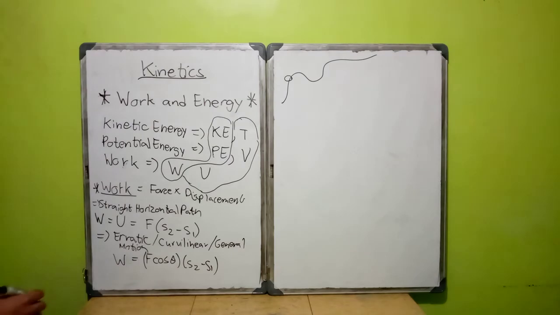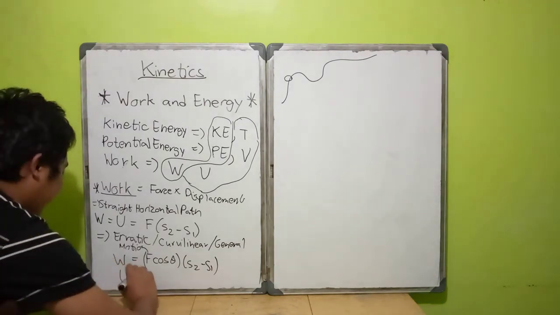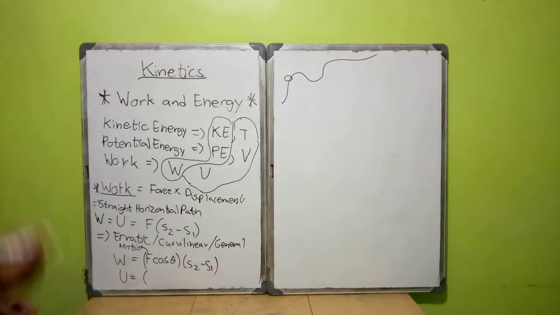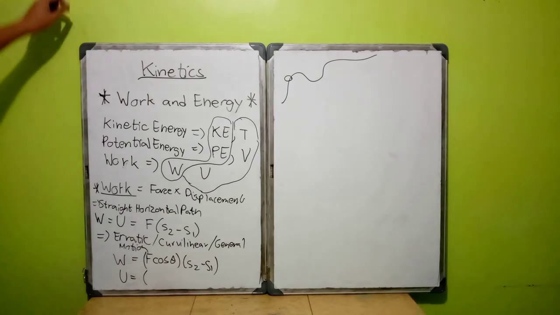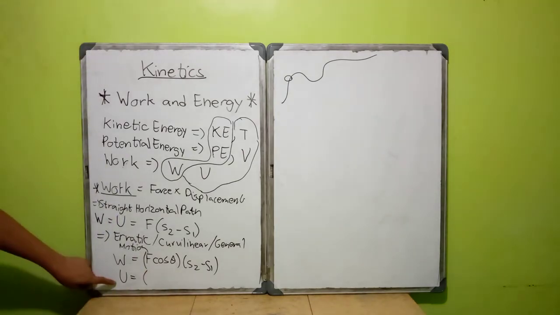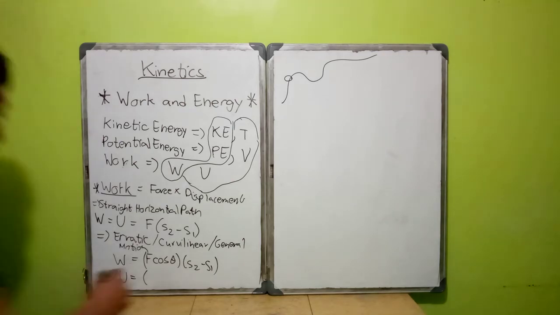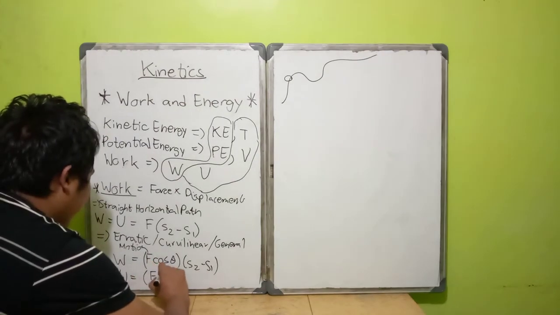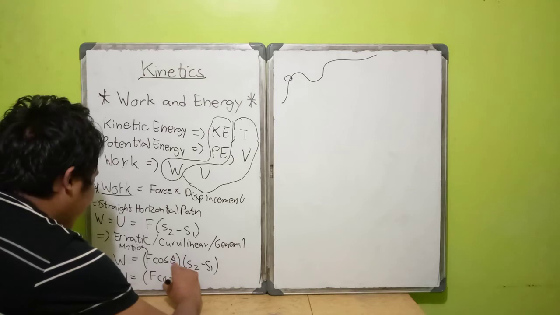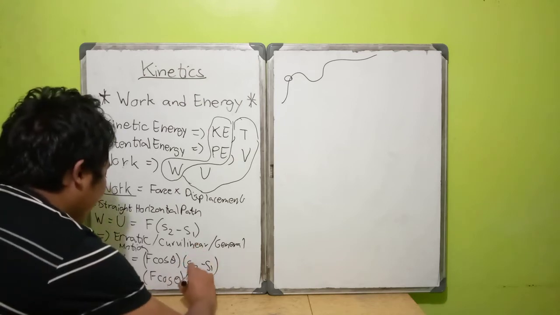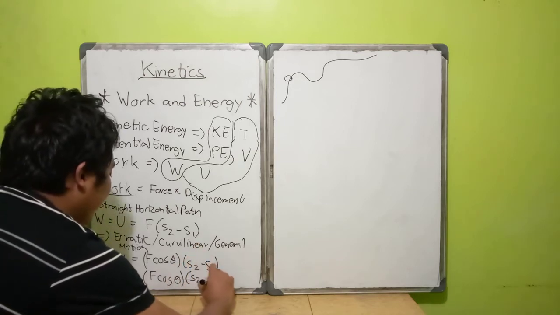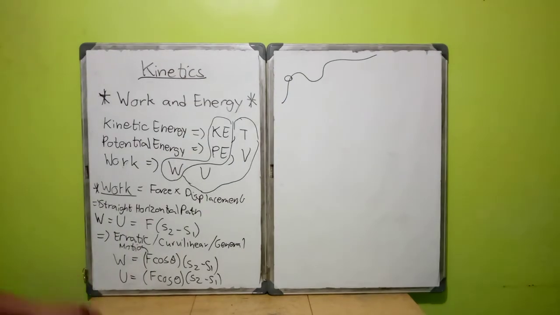You can also denote this as U, as usually done in the book of Hibbeler. So it is F cosine theta times the displacement, or the change in position, S2 minus S1. So you can use that.